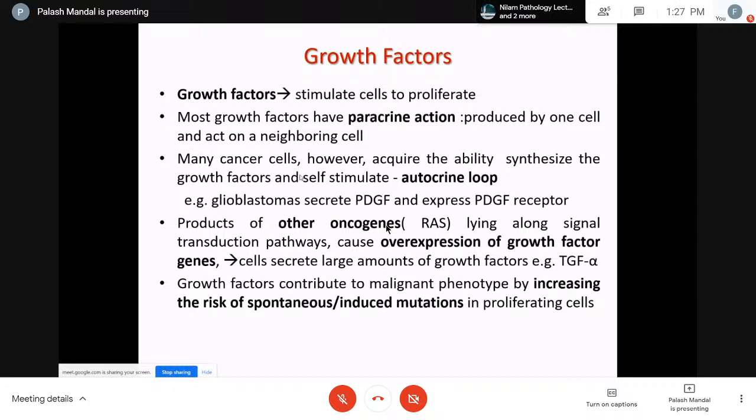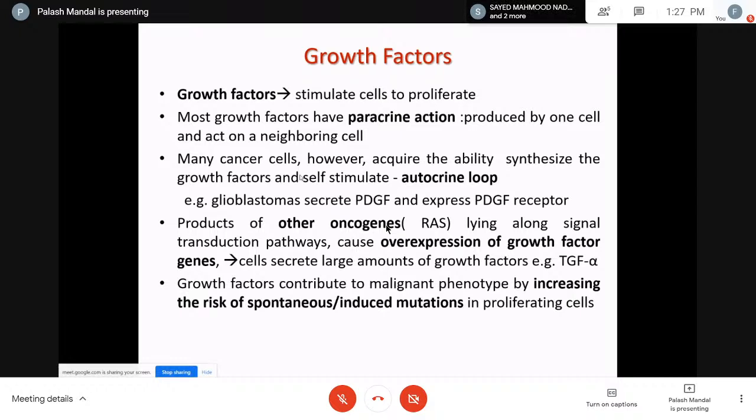This means that there are some oncogenes which are lying along the pathway, not across, lying along the signal transduction pathway, and by stimulation of a particular oncogene, since they are lying on the pathway itself, they can lead to the overexpression of a particular growth factor gene. Understand? And which will lead to the secretion of large amounts of growth factors. Have I made it clear?